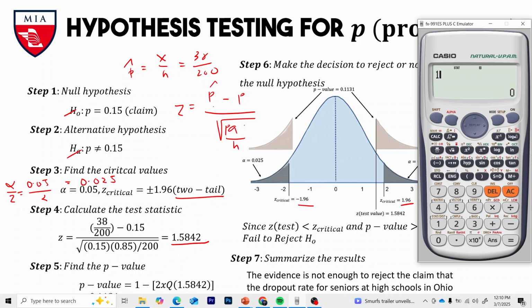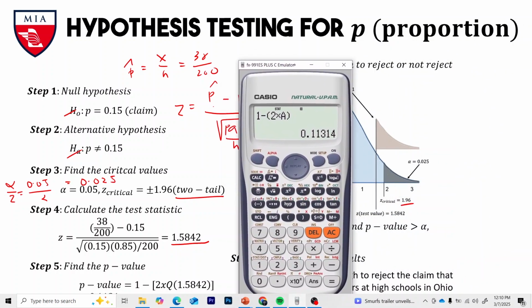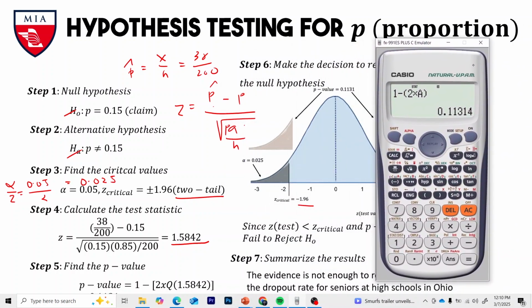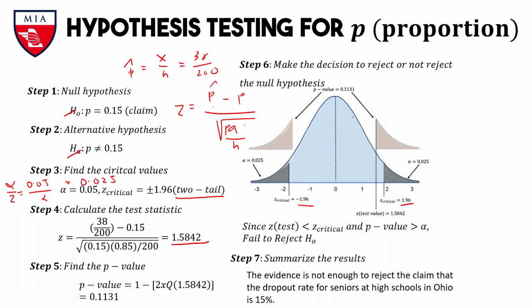We have 1 minus quantity 2 times the value of Q, alpha A. So the p-value is 0.1131.